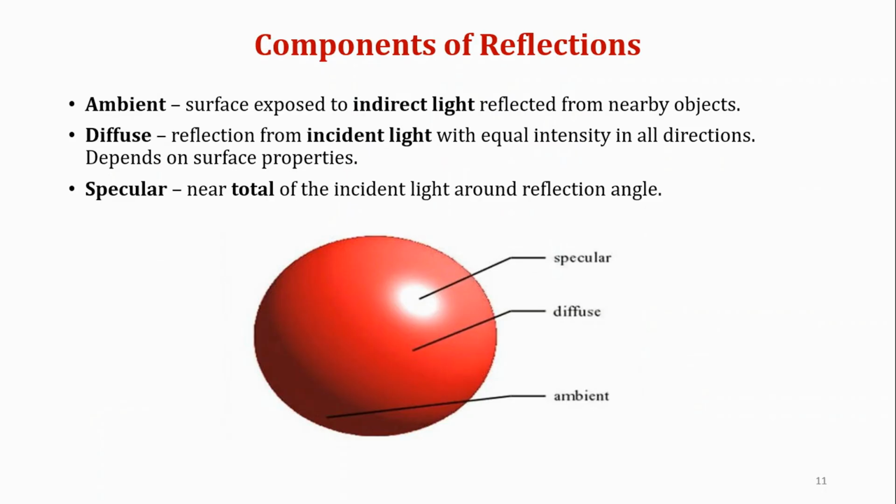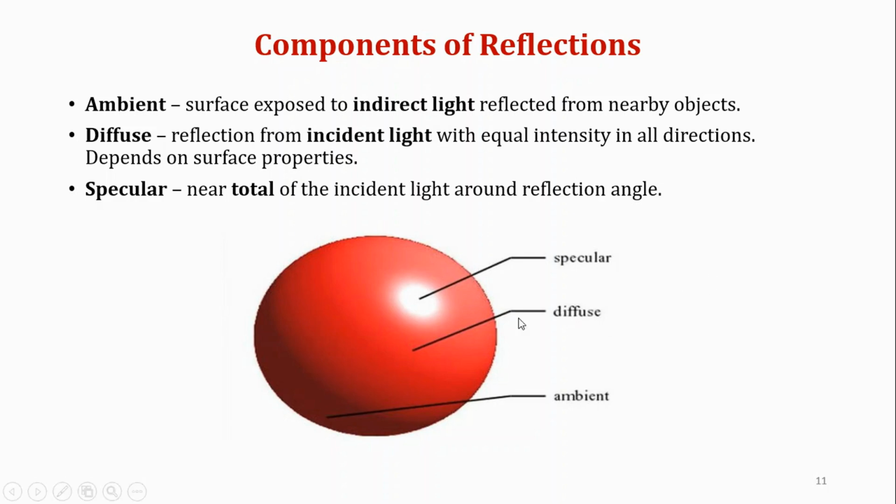Most illumination models combine three components: ambient, diffuse, and specular. Just now we saw ambient means a general background illumination. You can check out the image. This darker portion is ambient, and the next one is diffuse, scattered reflection.